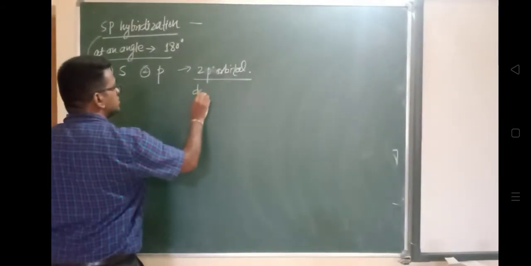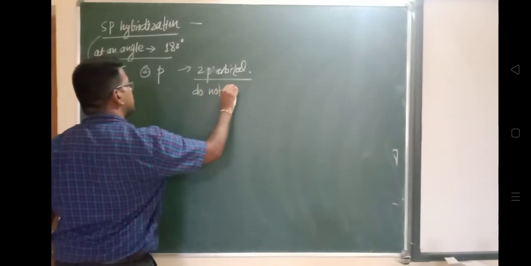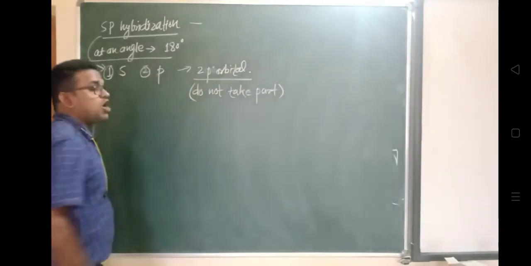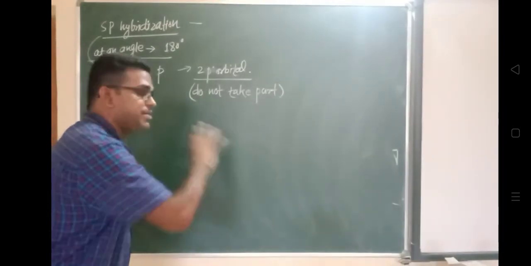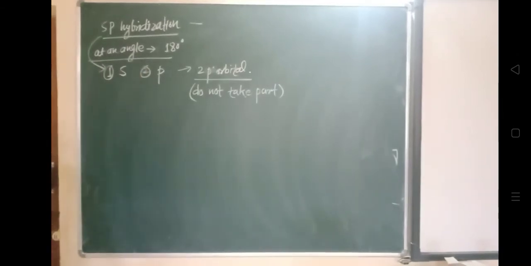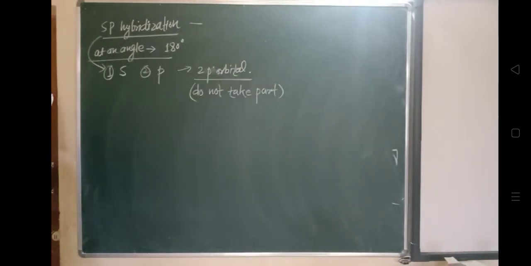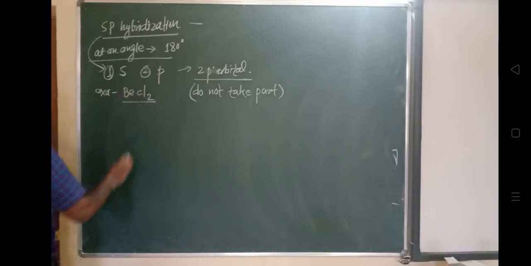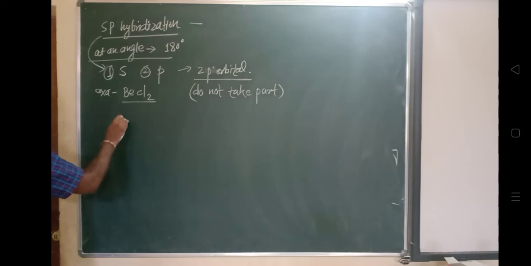Acetylene means C2H2. You can see the acetylene molecule consists of C2H2, two carbon atoms and two hydrogen atoms.